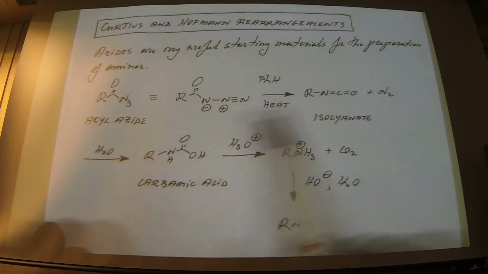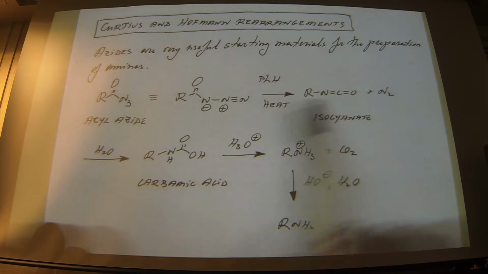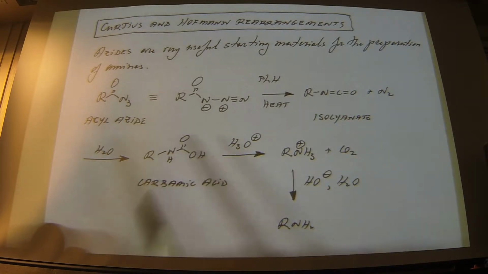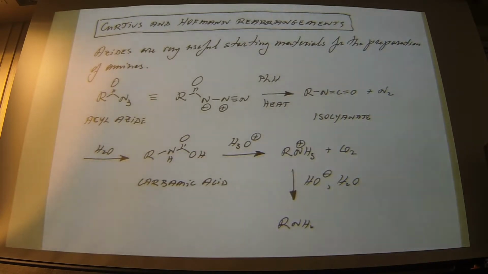And so it reacts with water to form a carbamic acid. Carbamic acids are not stable. So carbamic acids spontaneously lose CO2, and what you end up with in the end is the amine. Now, carbamate esters, on the other hand, are very stable.